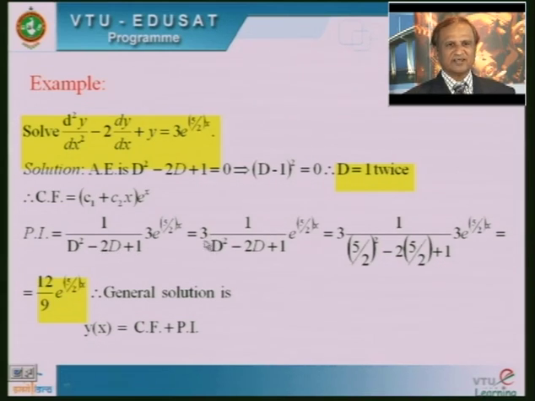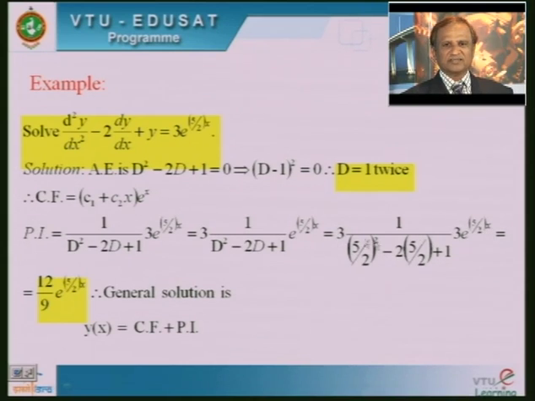Now, what I have written here, 3 is a constant, you can keep 3 as it is, into 1 divided by, as it is, into e to the power 5 by 2 x. I have replaced D by 5 by 2. Is it clear? Whole square minus 2 times 5 by 2 plus 1. So, it should be only e to the power 5 by 2 x.